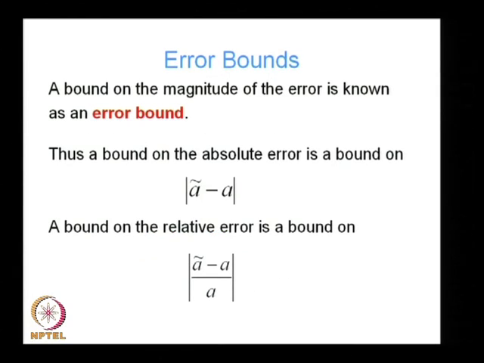A bound on the magnitude of the error is known as an error bound. Thus, a bound on the absolute error is a bound on the absolute value of A tilde minus A. A bound on the relative error, on the other hand, is a bound on the absolute value of A tilde minus A divided by A.